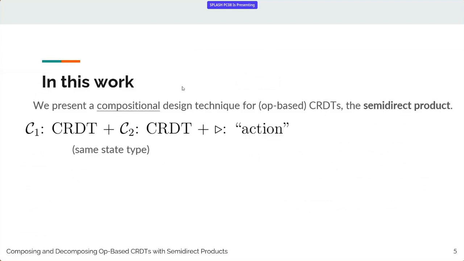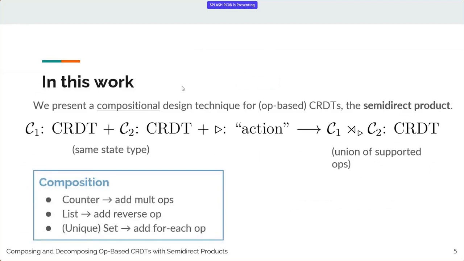For technical reasons, we require this function called an action, and then we output a new CRDT, which has the same state type as your inputs, but now it supports both of their operations. So for example, if the CRDT on the left supports addition operations and the one on the right supports multiplication operations, now you get a CRDT that lets you both add and multiply, and if add and multiply operations happen concurrently, it'll try to resolve this conflict in an intelligent way.